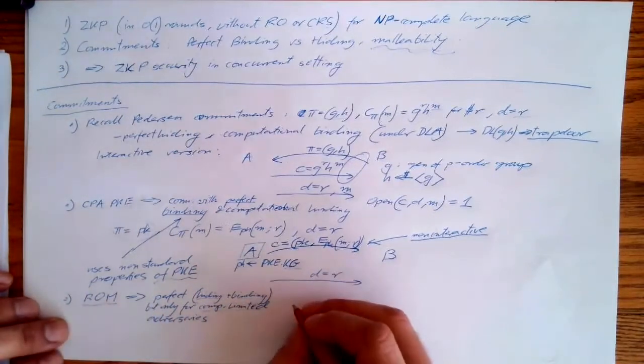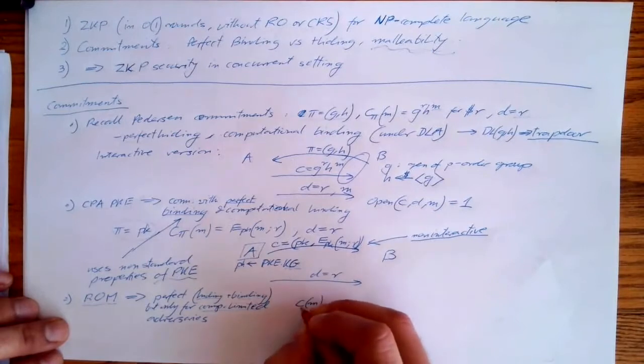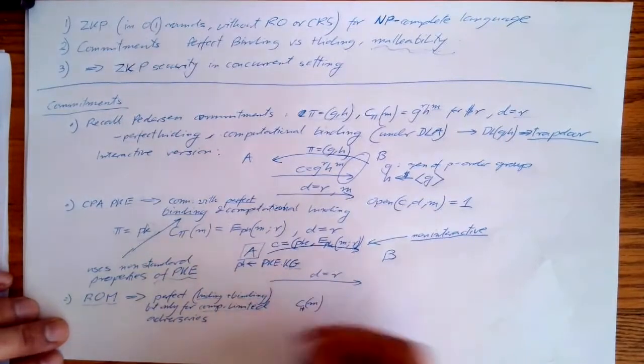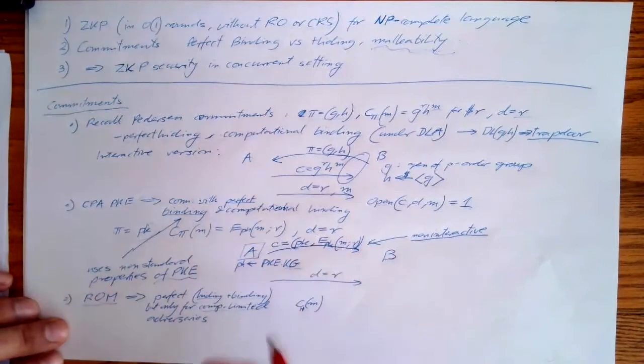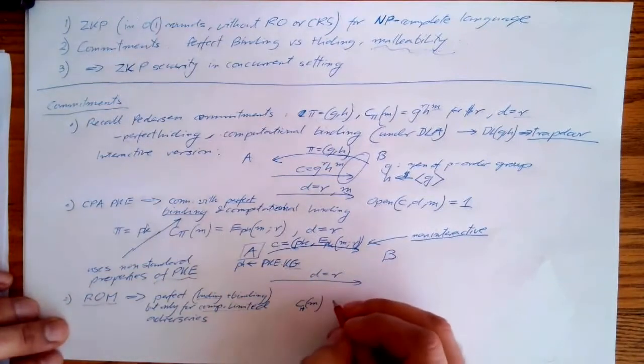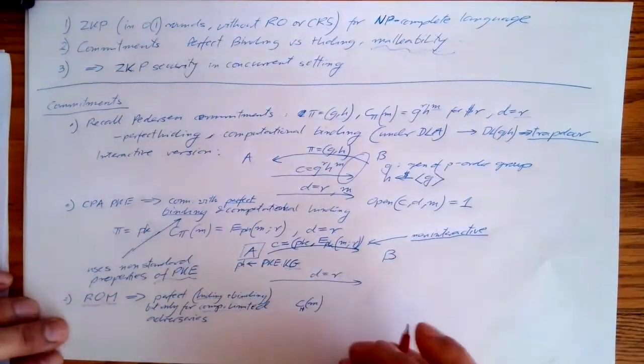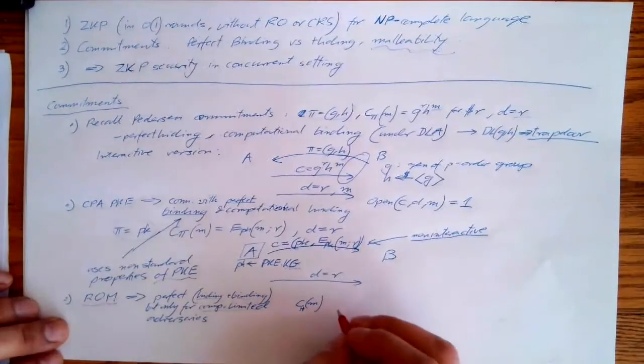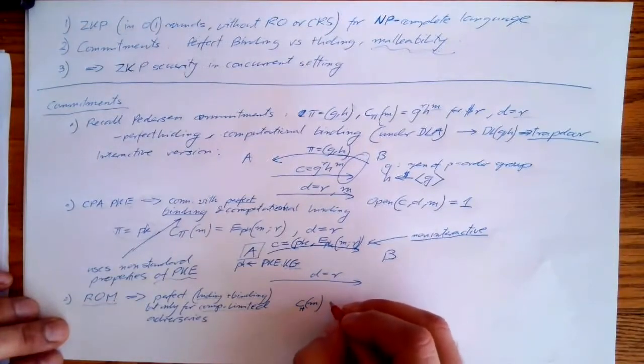What's this commitment? Well, very simple. Commitment to a message, in the system where a hash function is a so-called parameter, but it's really an oracle and not a bit string.